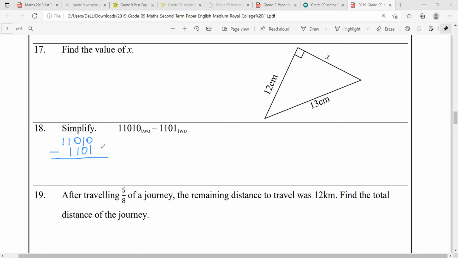You have to subtract. You can't subtract 1 from 0, so you have to take 1 from here, then it becomes 2, and then 2 minus 1 is 1.